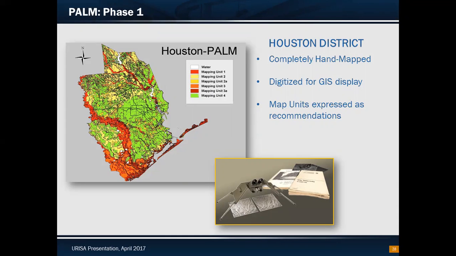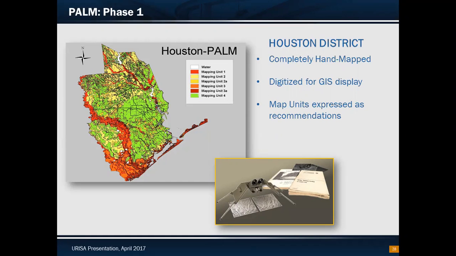Phase one is the Houston PALM. That was started, and I'm responsible for most of this stuff. I started this model in 1997 when I started with TxDOT. It's not my only task, but this modeling process is one of my major tasks with the agency. And it's evolved.